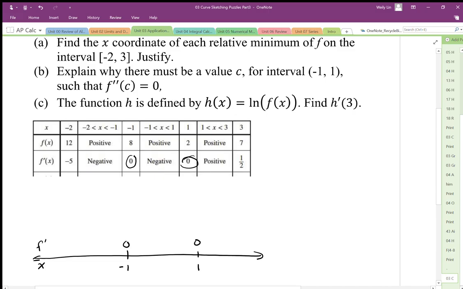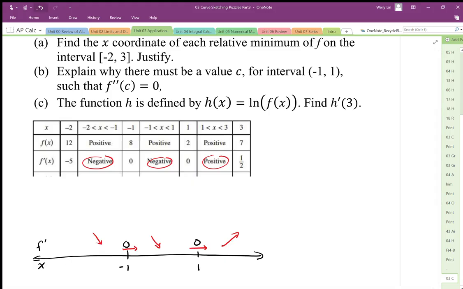and then I just need to test for slope, positive or negative slope, to determine the shape of the function. So I'm going to look at my slopes. To the left of -1, it's negative, so it's going to go down like this. It's going to go to the horizontal tangent, negative again, so it's going to keep on going down. Then 0 slope, and then positive, so it means it's going to go up.